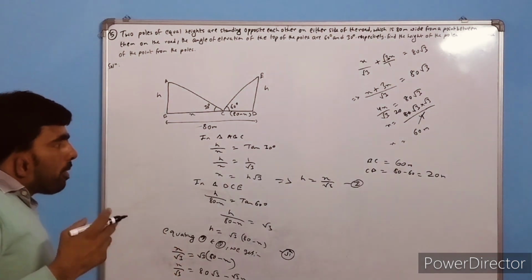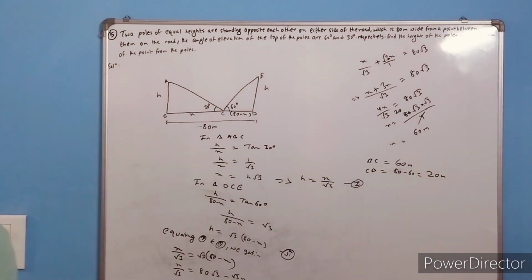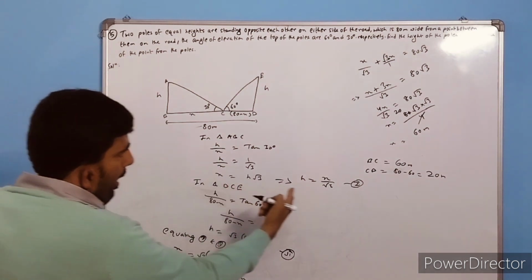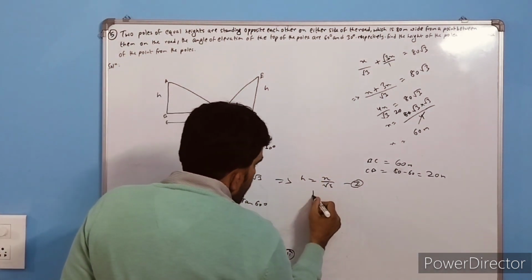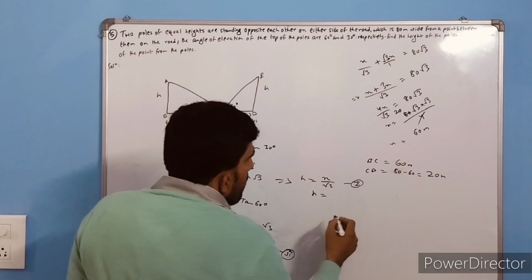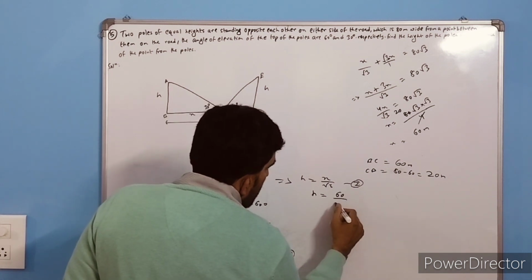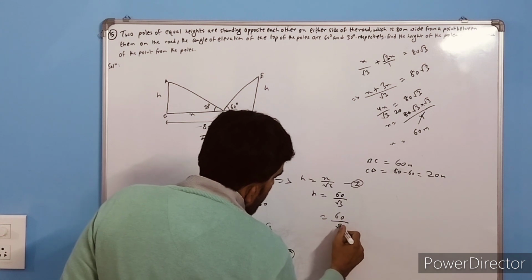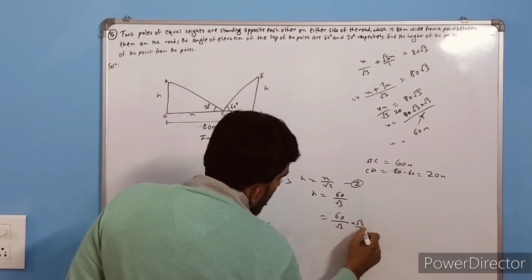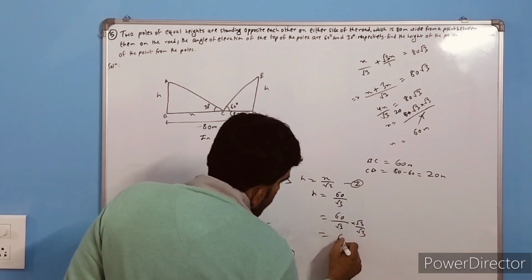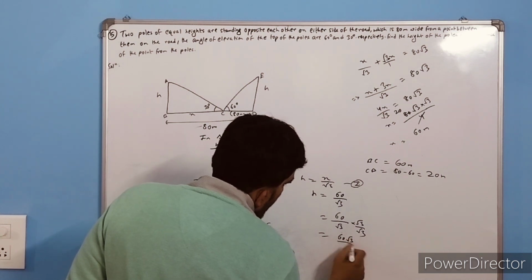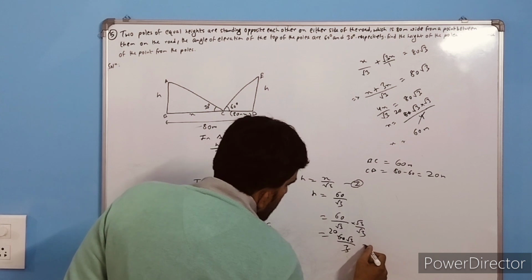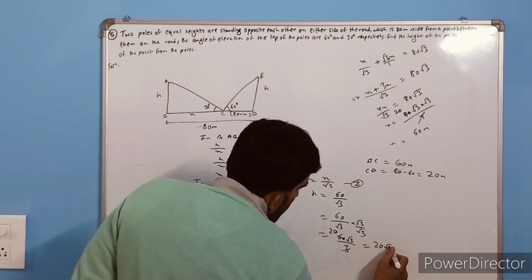Now one more thing we need to find is the height of the pole. How will you find the height of the pole? You can put the value of x here. So h is equal to 60 upon root 3. Just rationalize it. We will get 60 root 3 upon 3, that is 20 root 3.